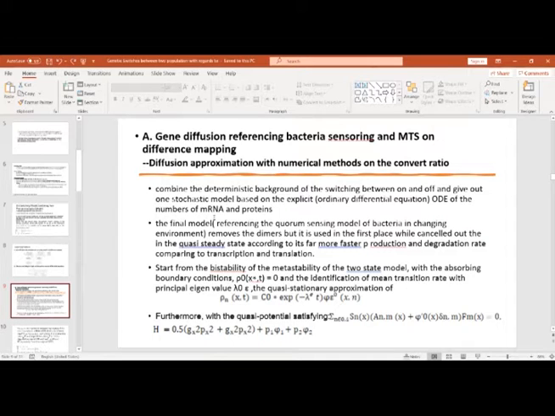Using the least action method I described before, we set the mean time optimization and get our Hamiltonian.